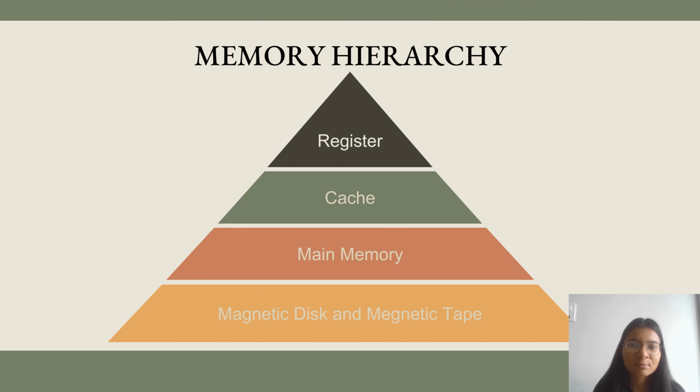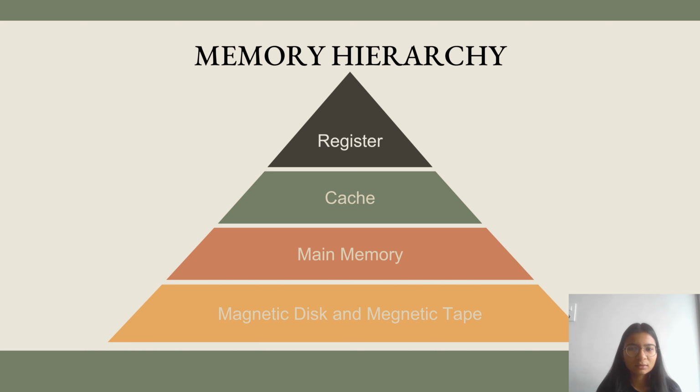And the other part is memory hierarchy, that is, the memory unit. In this part, the top element is always the register. In the level below there is cache memory. In the level below that there is main memory, and in the level below that there are magnetic disks and magnetic tapes.